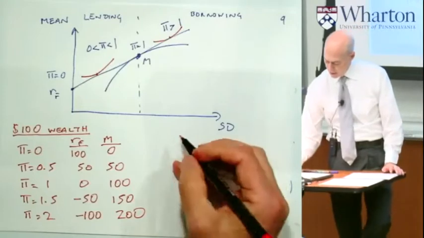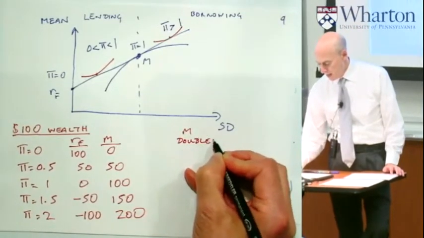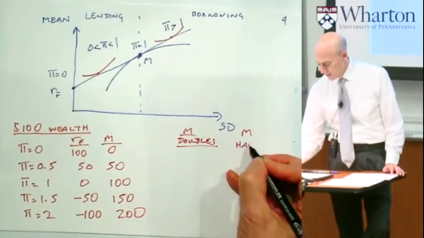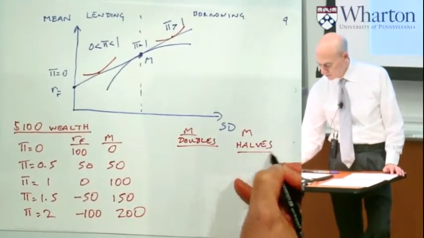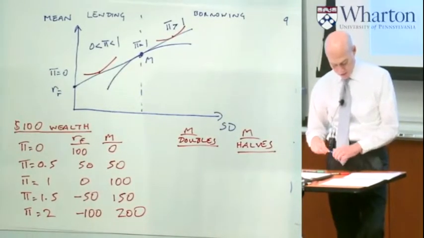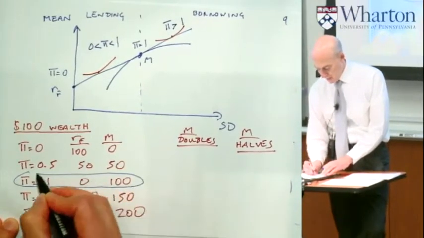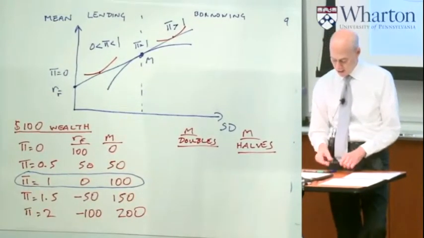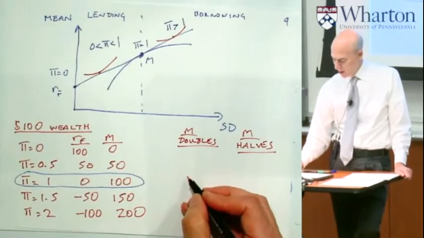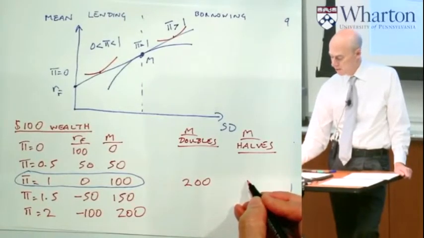Now let's look at what happens if M doubles and compare that with what happened if M halves. And let's first of all do it for pi equals 1. So if M doubles, how much do you end up with? 200. And if M halves, you get 50.